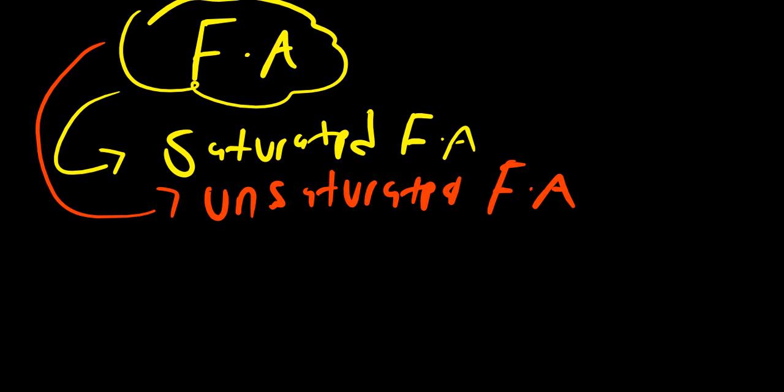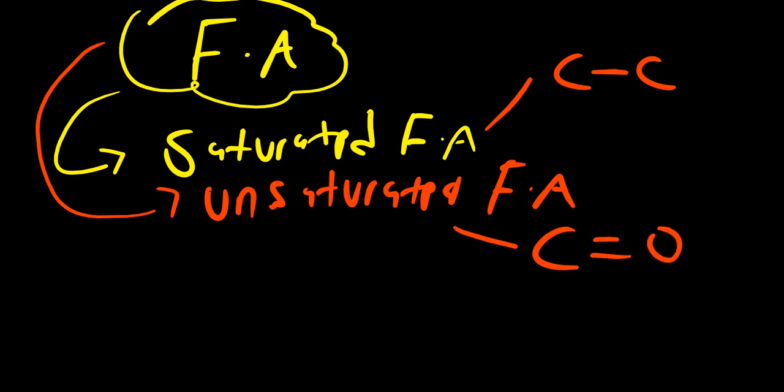The difference between these two is that one has a double bond, while the other doesn't have double bonds. The one that doesn't have a double bond is a saturated fatty acid, so it only has single bonds, C to C. Then the unsaturated one, in the structure you find a double bond somewhere, C to C.